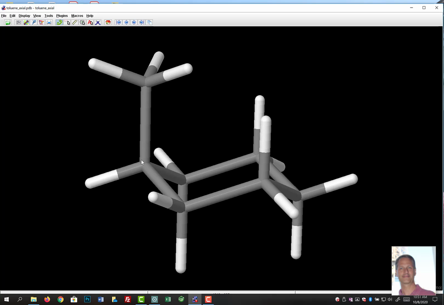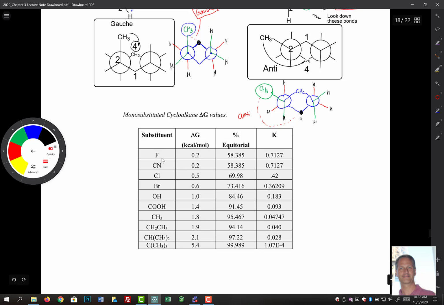And then look, 1, 2, 3, that's an axial interaction too. So to put this up here has a delta G value. It costs energy to do that, right? And we can find that by looking at tables like that. So putting that CH3 at the axial position costs 1.88 kcals per mole.